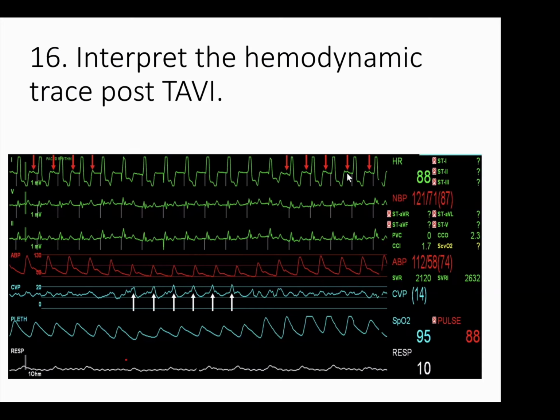One thing you can clearly see, this is the aortic pressure trace. Here the pressures are going down, and here the pressures are coming back to normal.